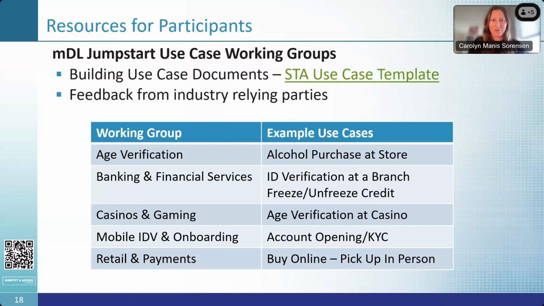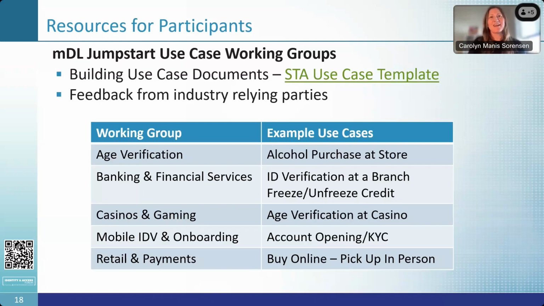So age verification for purchase of alcohol at a store or restaurant, ID verification in person at a branch at a teller, freezing, unfreezing credit reports based on an mDL verification, age verification at a casino where you have restricted areas or even restricted interactions.